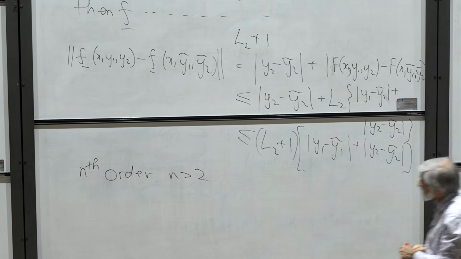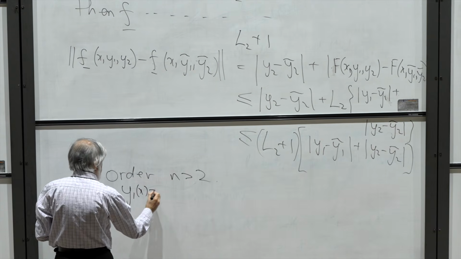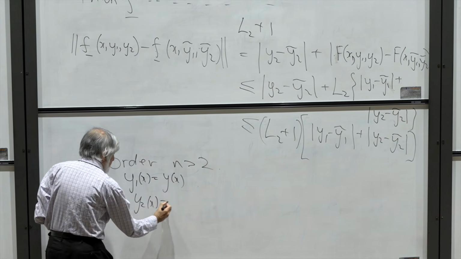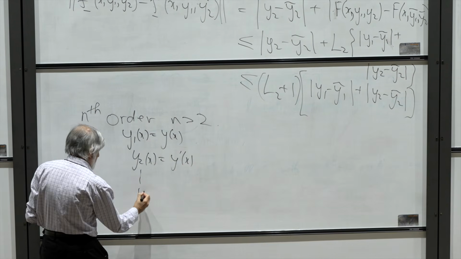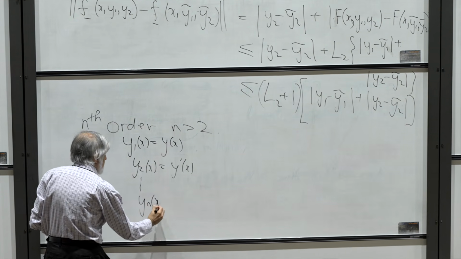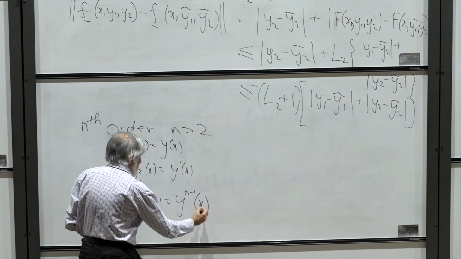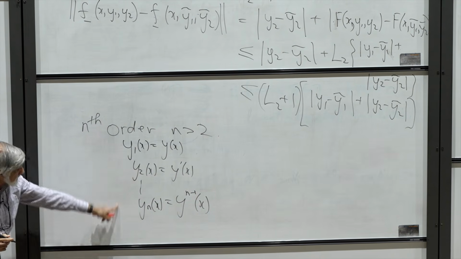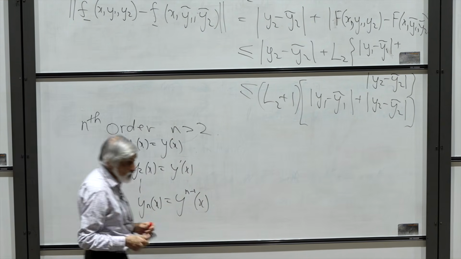I should write that down. You just set y1 equals y, y2 equals y dashed, and then write down to yn of x equals y(n-1) dashed, okay? So then you'd have a system of n first order ODEs.